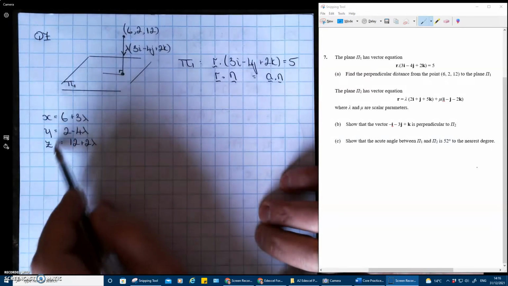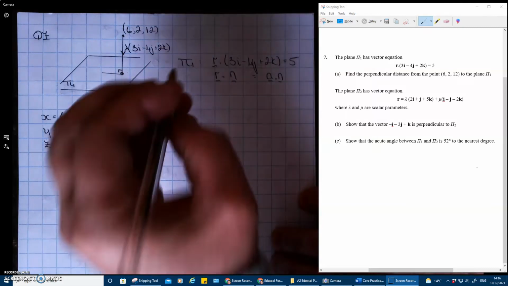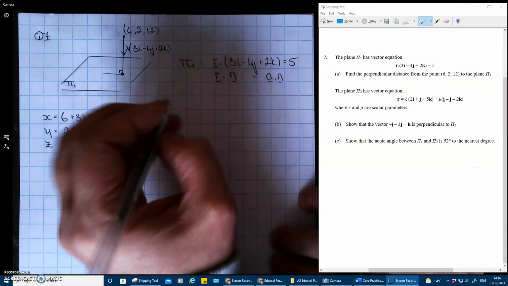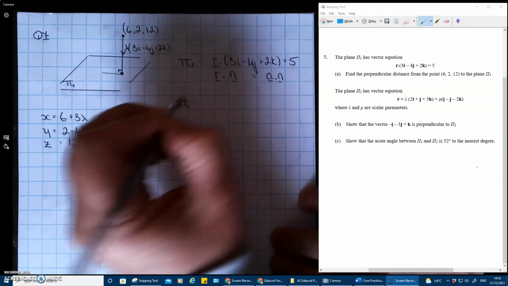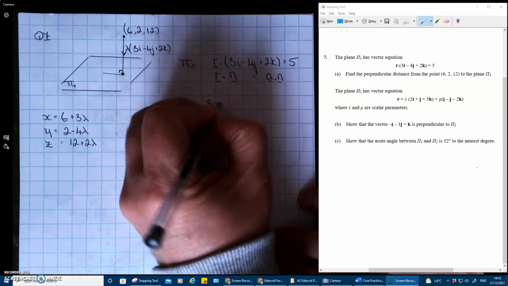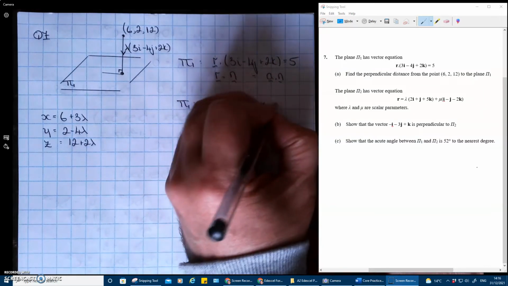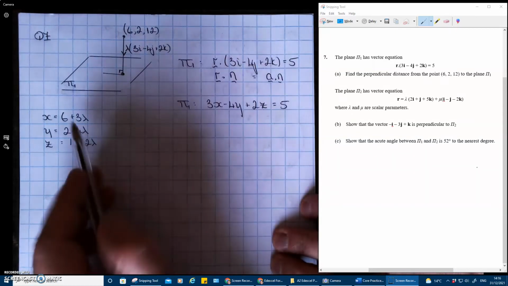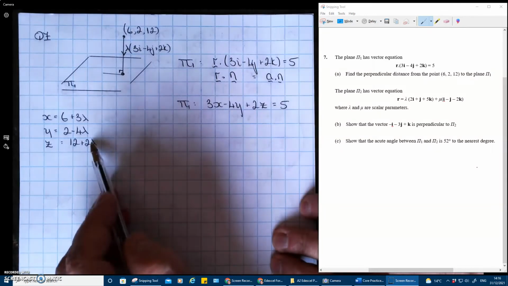Now I know the point x, y, z needs to lie on the plane pi1. So another way of writing this, if we replace the r with x, y, z, I end up with pi1 is also 3x, take 4y, plus 2z equals 5. It's an alternative way of writing the same plane. I've got x, y, z, so I'm going to substitute those into there and find lambda.